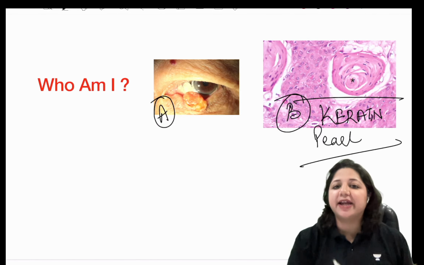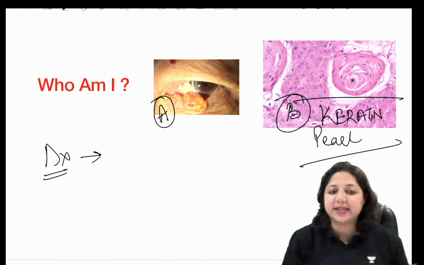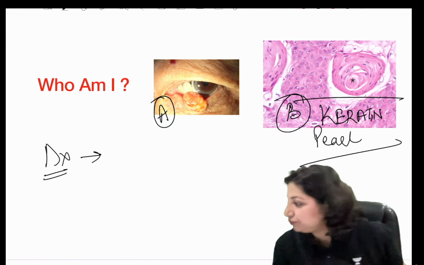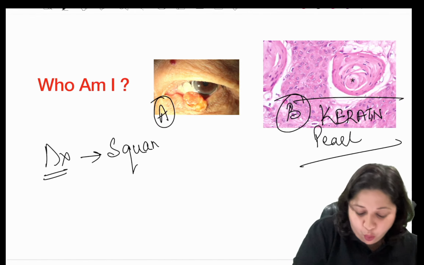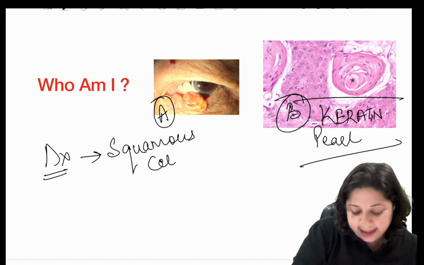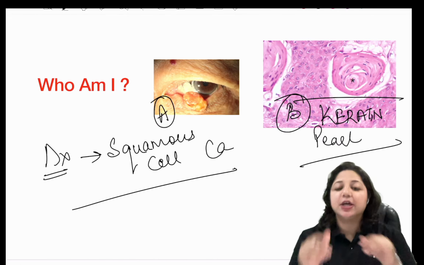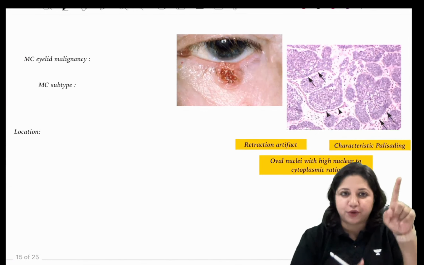Lesion in the lid, keratin pearl, what is the diagnosis? Absolutely, very good. It is squamous cell carcinoma. So these are the eyelid malignancies. Whenever we talk of an eyelid malignancy with keratin pearl, it is squamous cell carcinoma.